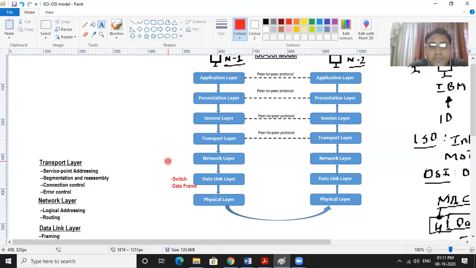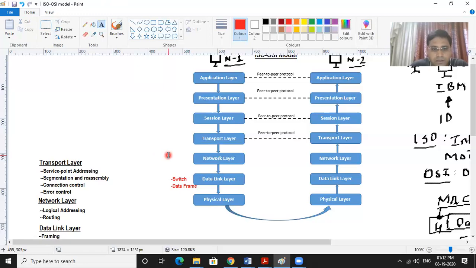And to transmit data outside the network, we use which device? As we discussed earlier, we use router, because router is the only device through which two different networks can communicate, or to connect two different networks we need a router in between.